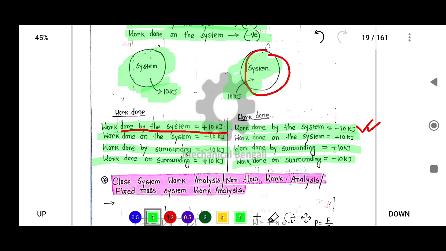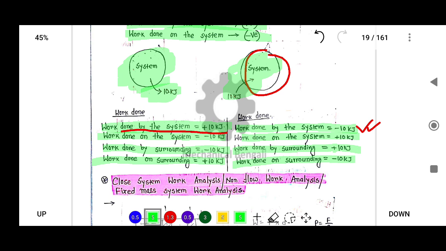You can find this handwritten notes PDF, and try to write your own notes. That is better for understanding. These are the handwritten notes I share, which I prepared during my GATE preparation. It may be useful for you, because at that time I didn't know anything about thermodynamics and didn't understand these things.